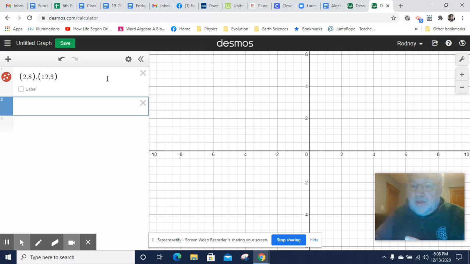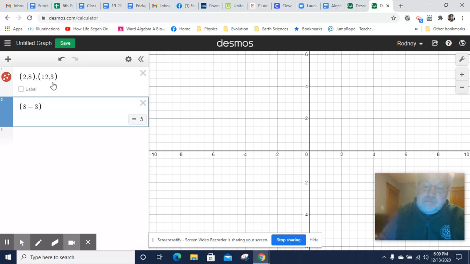Okay, I'll assume that you paused and you're back and you found the slope. And to get the slope, you did the change in y. So I'm going to do 8 minus 3, because that's the change in y, over 2 minus 12. And you got this number, -1/2.